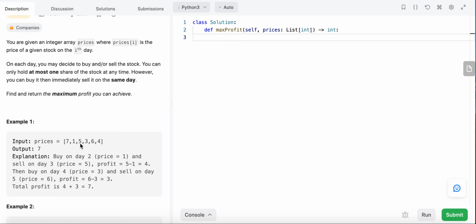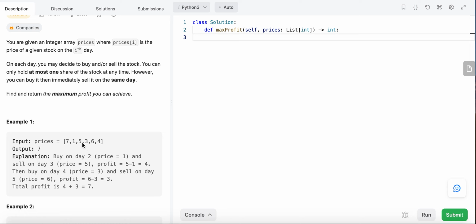And then after that, we can accumulate positive profit by purchasing on day 5 and then selling it on... purchase on day 3 and then sell it on day 5. But in that case, we only accumulate a positive profit of 1.